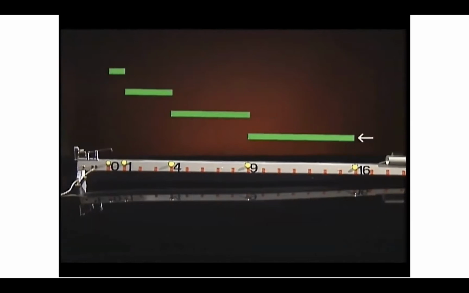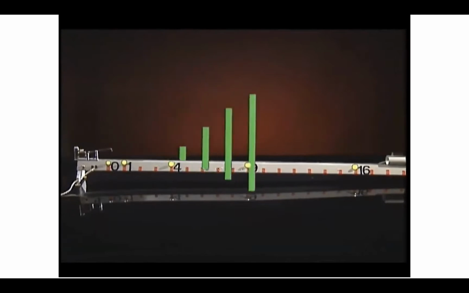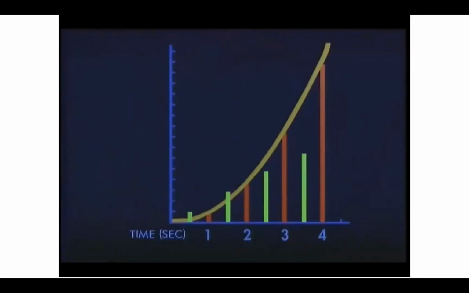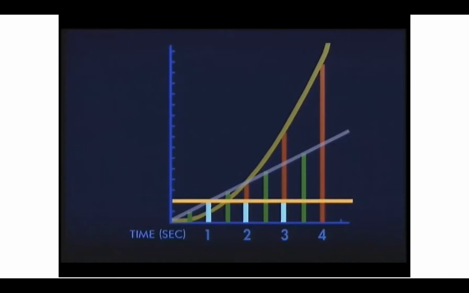The fourth second. This gives us a graph of the velocity of the ball over time. Does velocity increase linearly? Now we will graph the changes in velocity versus time by graphing the differences in successive velocities. What does this tell us about the acceleration of the ball? The acceleration is constant.